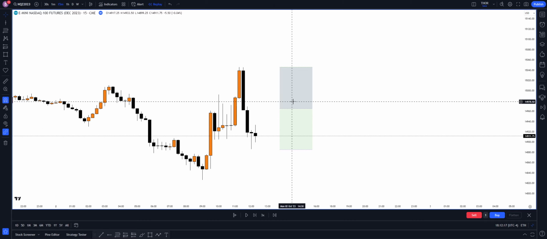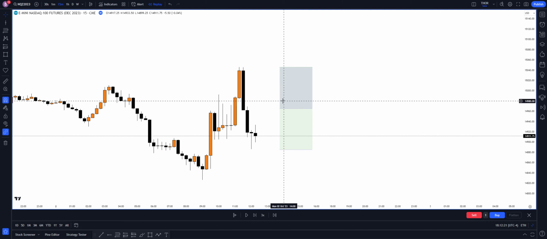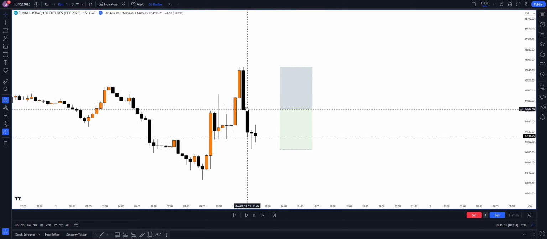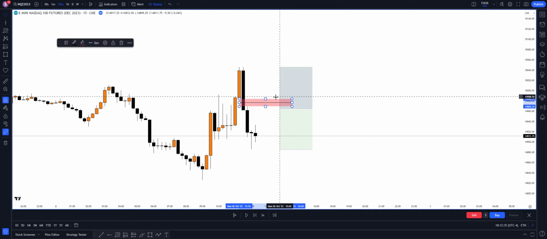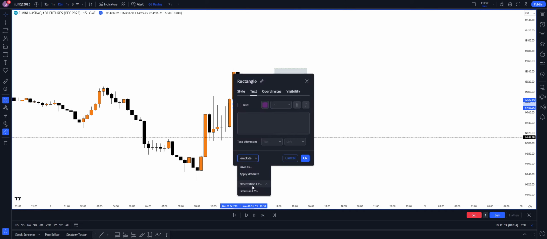What you want is for price to retrace into a premium area or a premium array. This can be an order block mean threshold, a fair value gap, an inversion fair value gap, etc. In this case, we have this fair value gap here in the premium area, so I'll annotate this as the premium fair value gap.